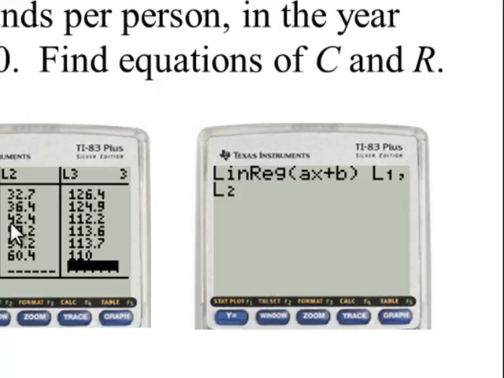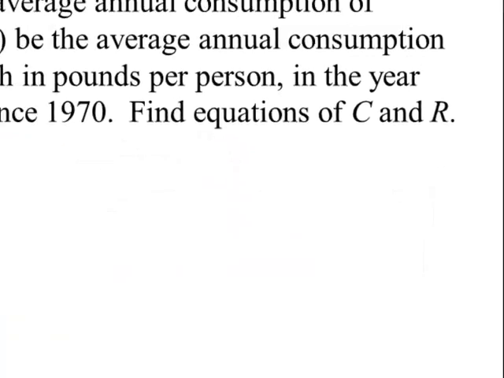Because we are using both list 2 and list 3, when we paste our linear regression command in our home screen, we first do chicken, which is list 1 and list 2. So we type list 1, which is second number 1, comma, second number 2.